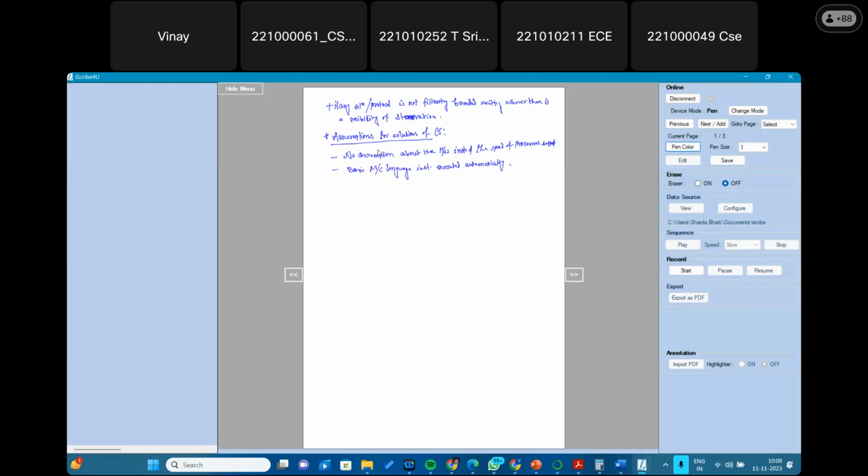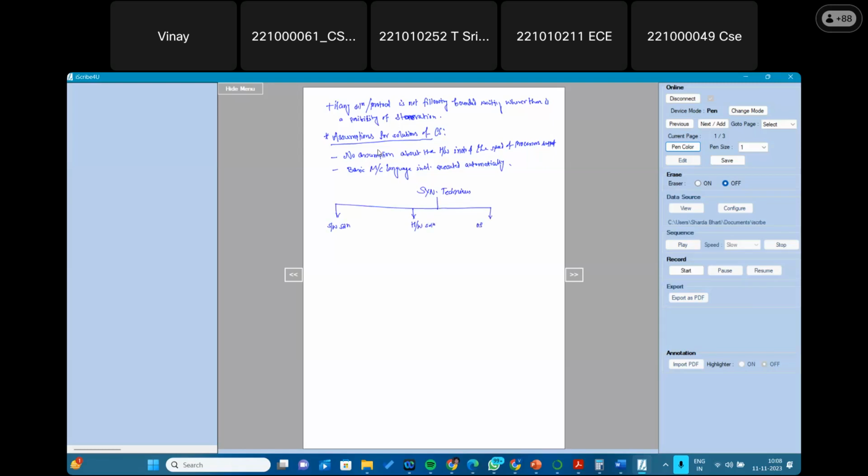Now, let us see the synchronization techniques. First, we have a software solution. Next, we have a hardware solution.